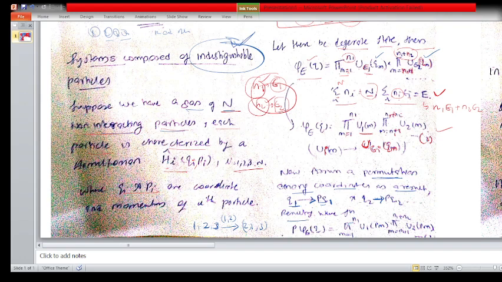Then the resulting wave function will be the permutation applied on this wave function psi. In this wave function you are applying that permutation. After permutation you will be getting, for m equal to 1 to n1, u1 of qm, u1 times.